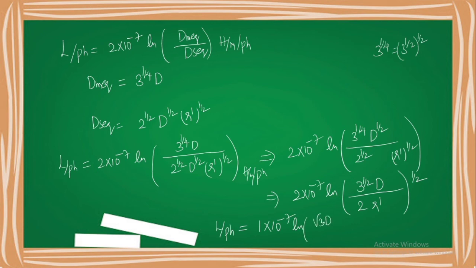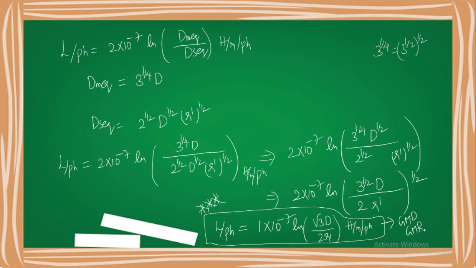It is root 3 D divided by 2 R dash Henry per meter per phase. So this is the inductance of a 3-phase double circuit line arranged in a symmetrical fashion, determined using GMD and GMR method, right?